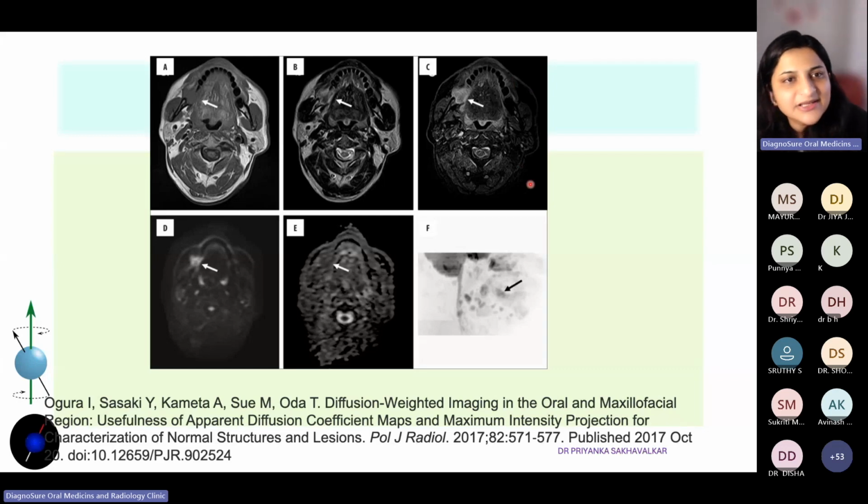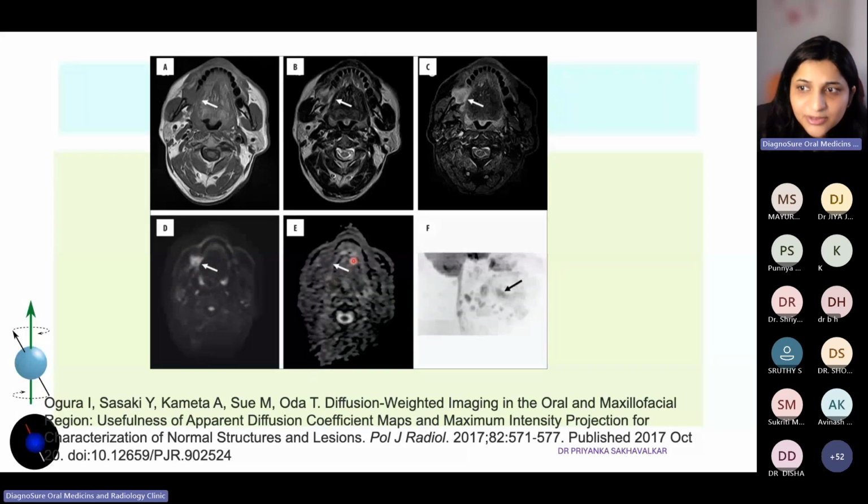This is squamous cell carcinoma of the right side of the mandible in a 61-year-old male. This is the T1 weighted image, which shows low intensity. The T2 image shows a middle signal intensity. This is the short inversion recovery image, which shows high signal intensity of the same lesion. This is the diffusion weighted image, where we can again see a high signal intensity area.